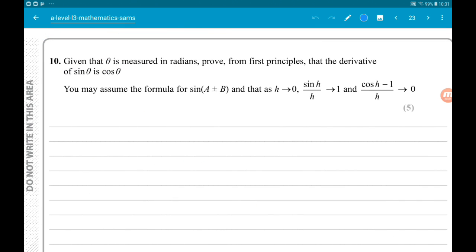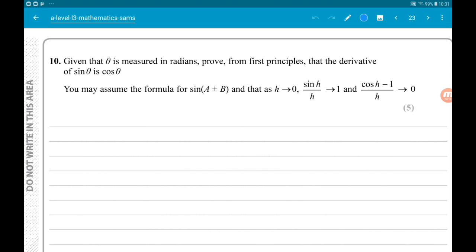Okay, number 10. Given that theta is measured in radians, we want to prove from first principles that the derivative of sine of theta is cos of theta.